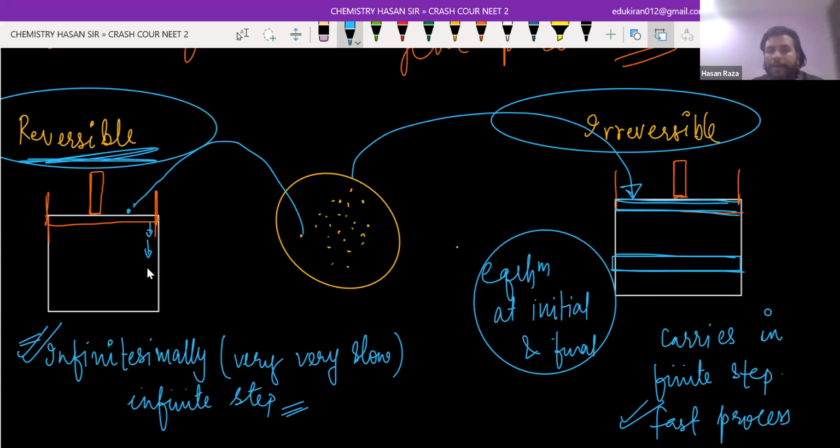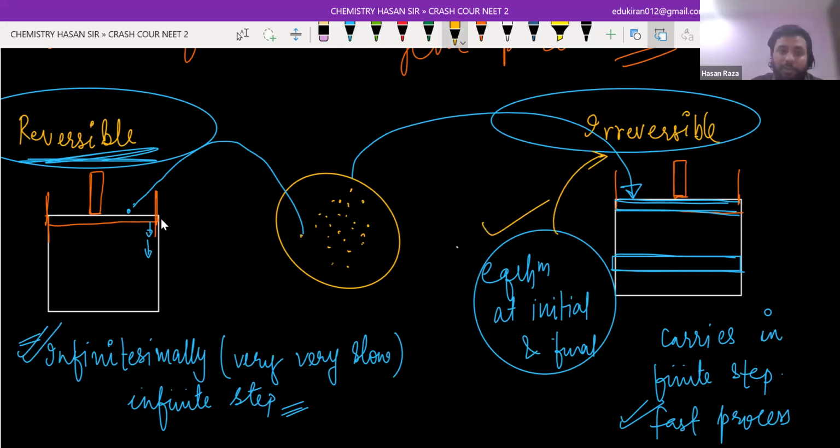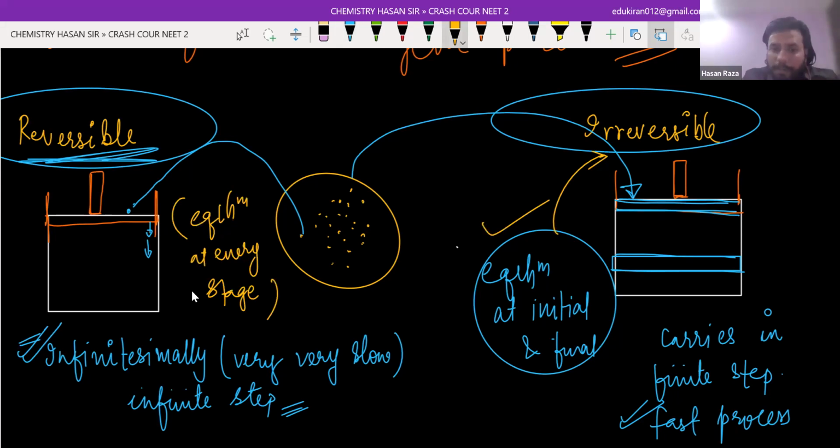Are you getting my point? So basically, this is the difference between reversible and irreversible process. In an irreversible process there is equilibrium at initial and final, and here there is equilibrium at every stage. That's why we are not able to find when it moves downward. Okay, is that clear?